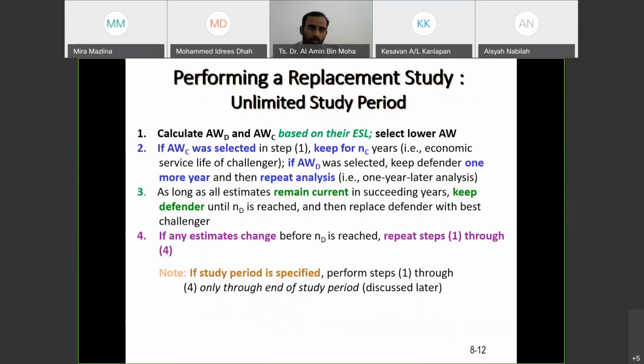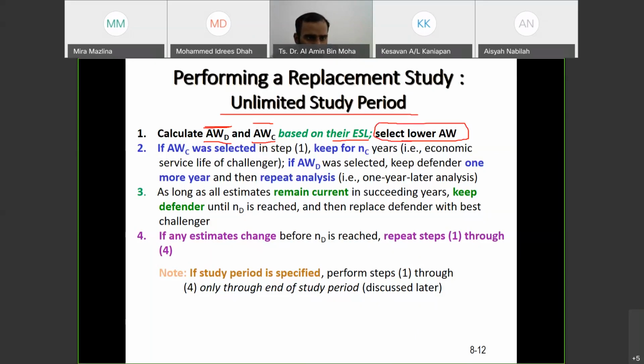So, performing a replacement study for unlimited study period. Calculate the AW for the defender, and also for the challenger. That means for the existing asset and the new considered asset, based on their ESL, and then select the lower AW.